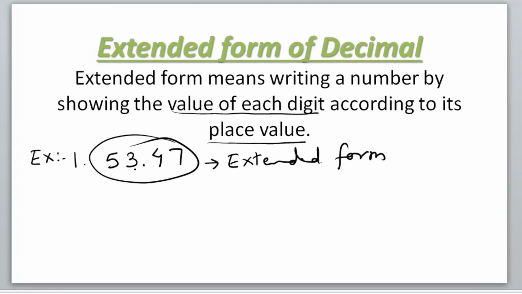We know that the place value of 3 is ones and the place value of 5 is tens. Here the place value of 4 is tenths because it is after the decimal point, as we already learned in our place value chart. And the place of 7 will be hundredths.